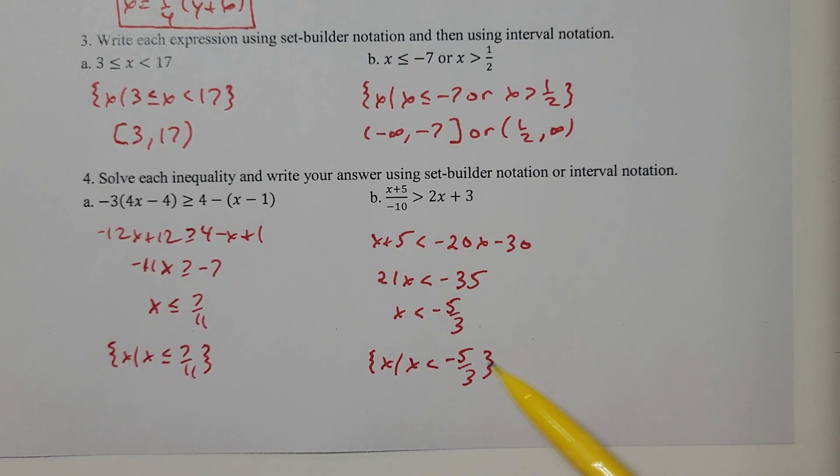My answer is going to be the set of all x such that x is less than -5/3. Any number in this set, if I plug that into the original inequality, I'll have a true statement. Any other number that's greater than or equal to -5/3, if I plug that in, I'll be saying something that's false.